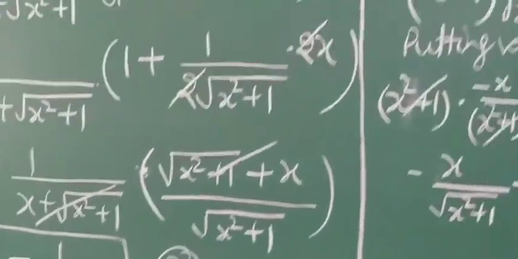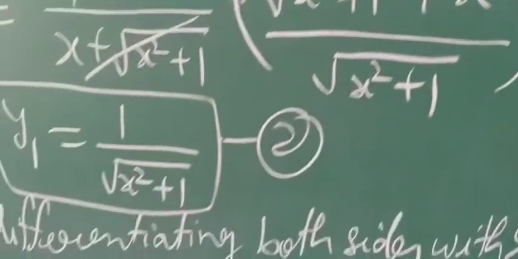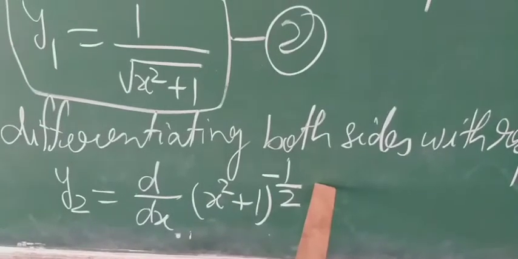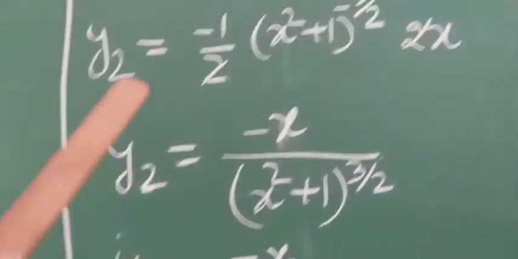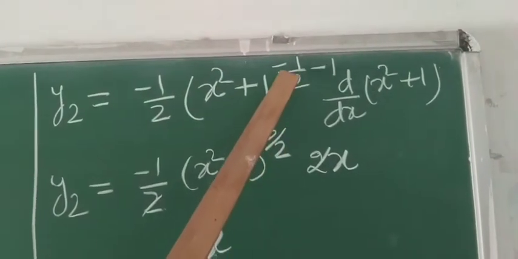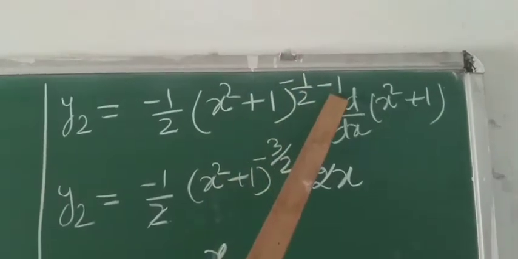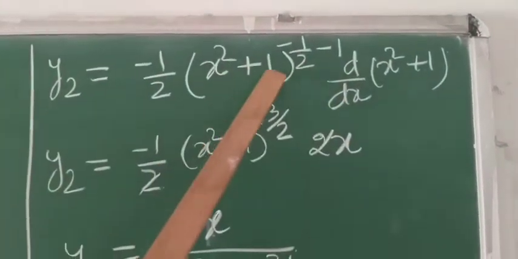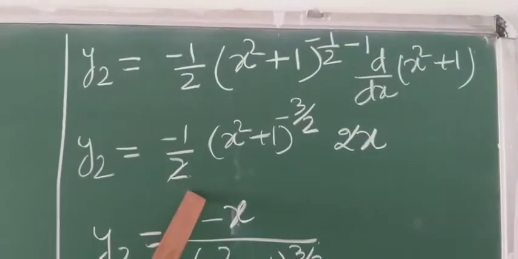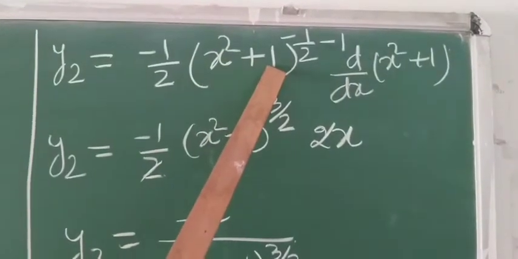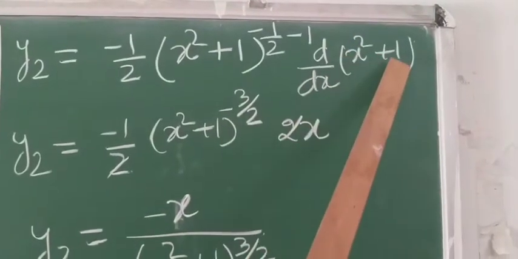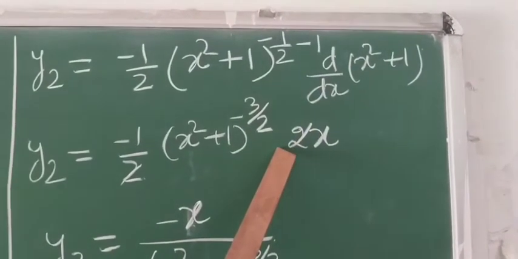Now student, its derivative: we are going to use the formula for x to the power n, which is n x to the power n minus 1. The n value is minus 1 upon 2, and x is x square plus 1. So y2 equals minus 1 upon 2 times (x square plus 1) to the power minus 1 upon 2 minus 1, that is minus 3 upon 2, and then the derivative of x square plus 1, which is 2x plus 0 means 2x.